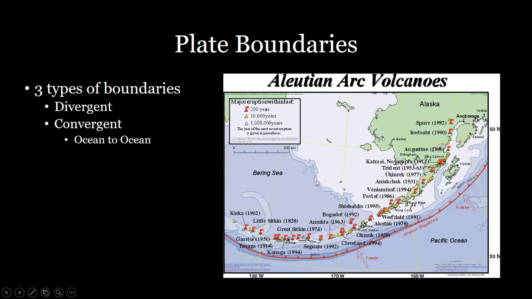And so you can see this, for example, the Aleutian mountains and volcanoes in Alaska, in the Alaskan Peninsula, are formed through this process where you have the Pacific plate hitting an oceanic plate and forming this long row of volcanoes as that plume comes up.